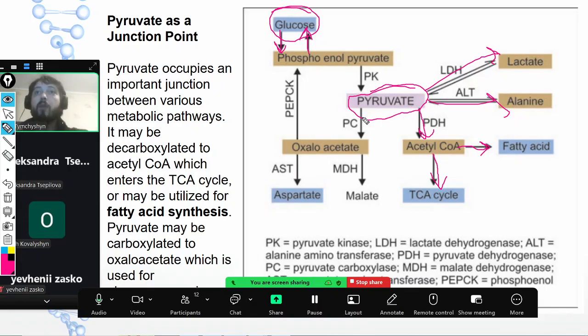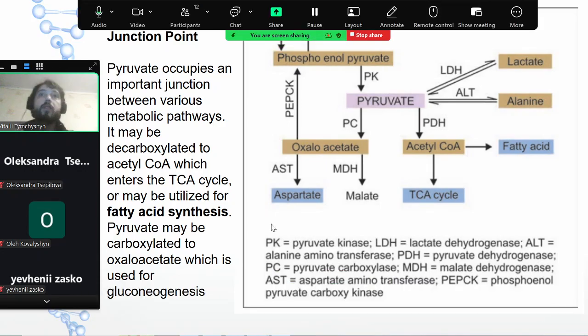Or we can go from pyruvate into a different pathway by synthesizing oxaloacetate and then malate or aspartate or whatever. I will not consider all these pathways, that's a bit too much.